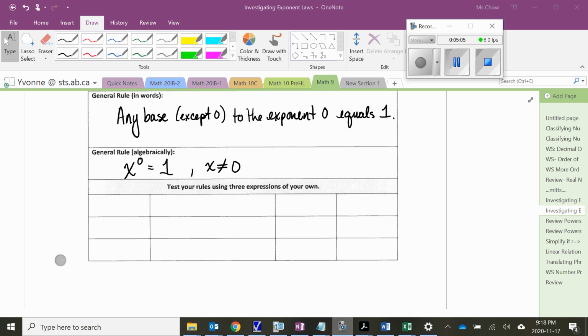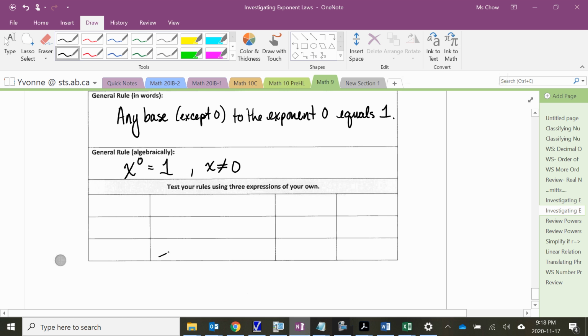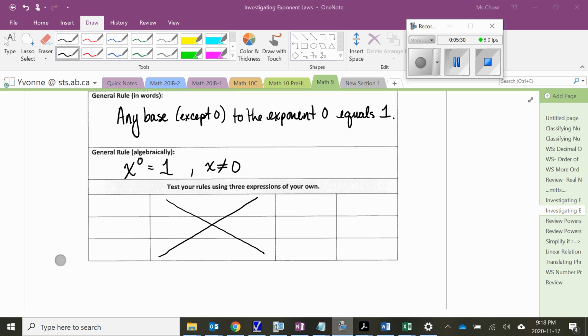So where can we have maybe that the answer as a whole isn't equal to 1. And I will say this is actually something that we are not able to expand, which is why some people get confused. They often think something to 0, oh, I've got 0 of it, and therefore the answer is 0. That is incorrect. Anything to the 0, it can't be expanded, but the answer will be 1.